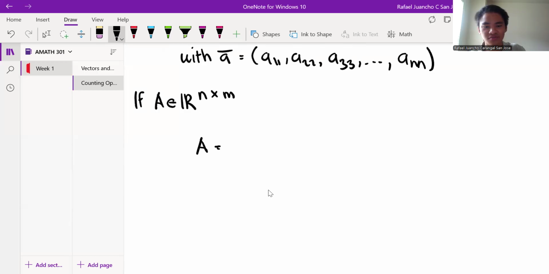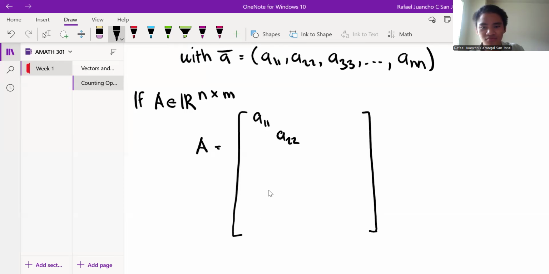Well, let's say we have our matrix A, and it goes this long here, A11, then we have A22, all the way to A and M, right?